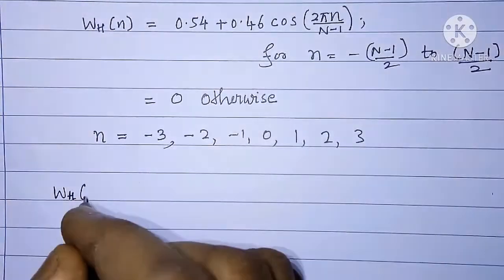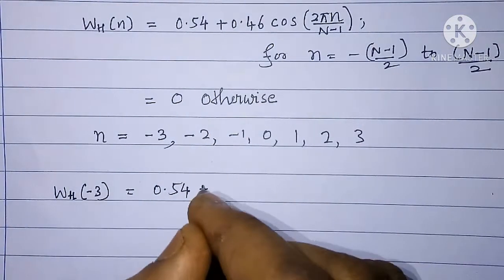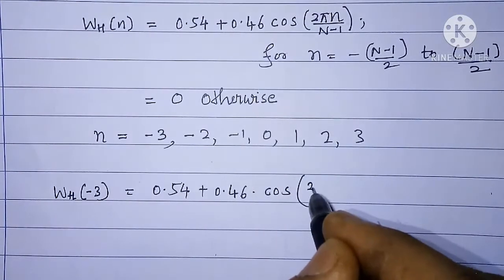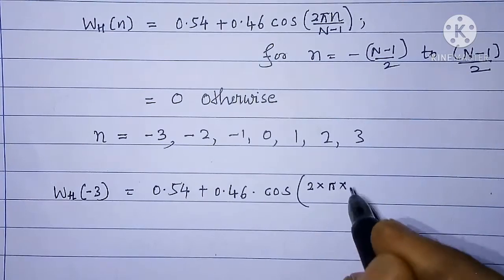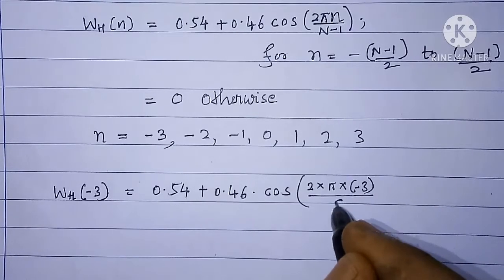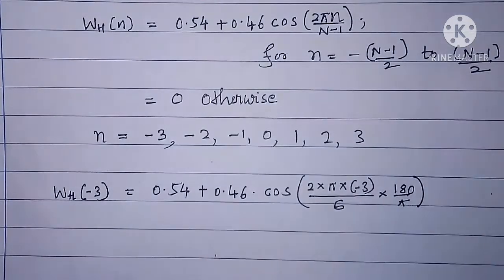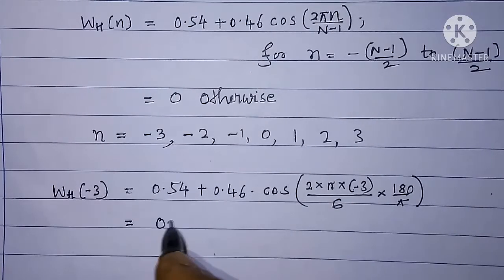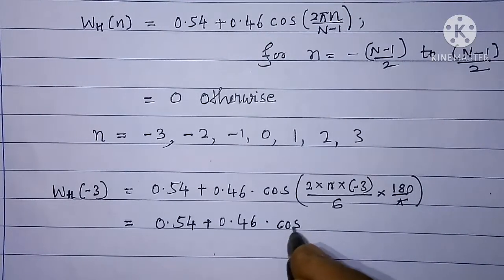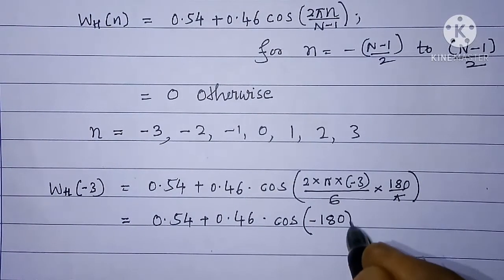So WH of minus 3 equal to 0.54 plus 0.46 into cos of 2 into pi into minus 3 upon 6 into 180 by pi, that is equal to 0.54 plus 0.46 into cos of minus 180.